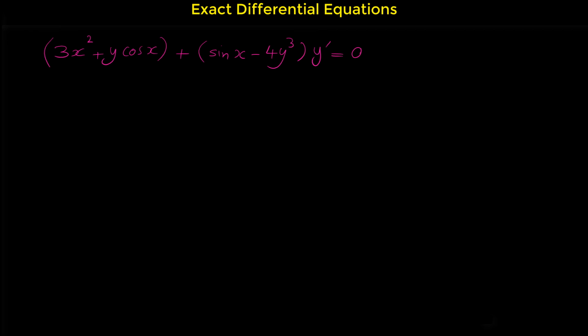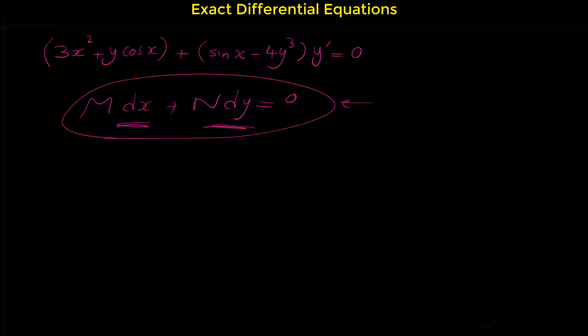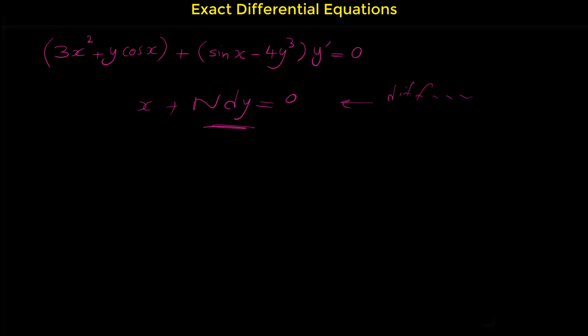Note that this given differential equation is not in the form of M dx + N dy = 0. We don't have any dx and dy. This form is the differential form of a differential equation. But in this given form here, we don't have any dx or dy.